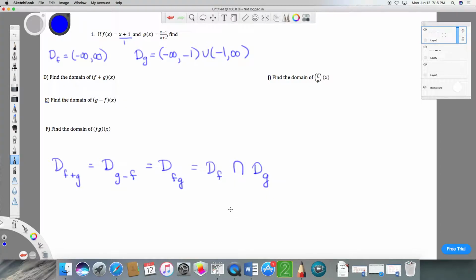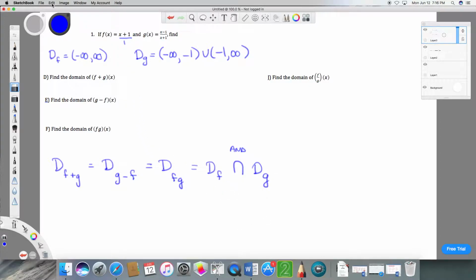Now remember, previously we've seen that u was the union, and that's the mathematical symbol for the word or. When you have this upside down u, that's the mathematical symbol for the word and. Like I said, you have to be in this set and in this set to be in the intersection.